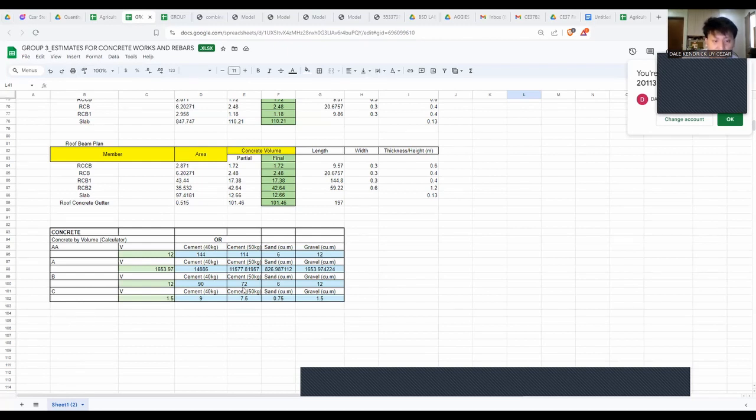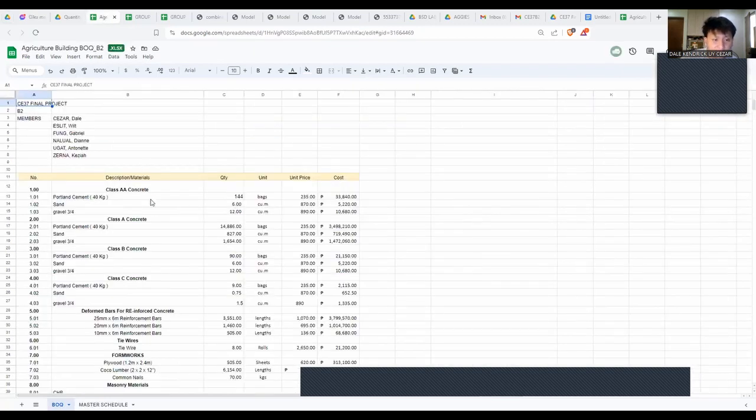For class B, we have 90 bags, 6 cubic meters of sand, and 12 cubic meters of gravel. And for class C, we have 9 bags, 0.7 cubic meters of sand and 1.5 cubic meters of gravel.